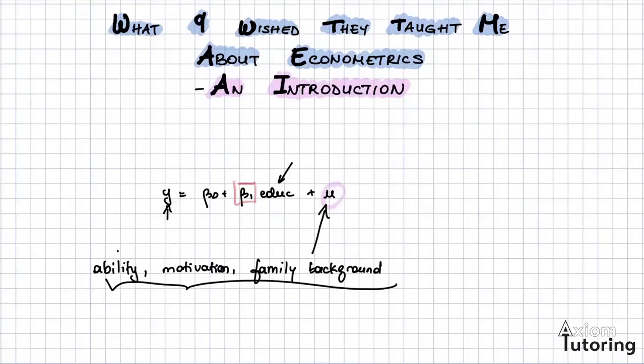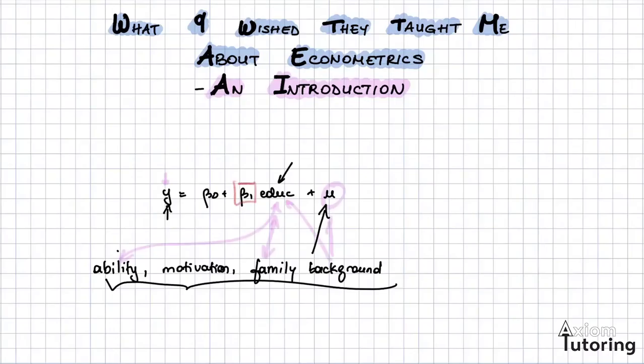More able people get more education and also earn more. More motivated people study harder and work harder, which means that they would not only be affecting the regression for y, but they are also diverting the effect of education, because they are also correlated with education.